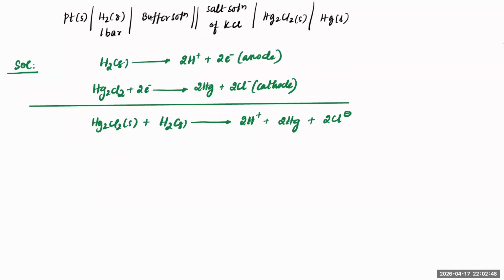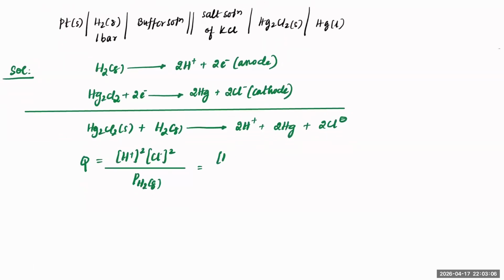Got it? Now the Q value for that will be equal to H plus ion concentration squared into Cl minus squared, divided by pressure of H2 gas. H plus ion concentration squared is what is unknown to us. Cl minus concentration, because it is a saturated solution, is standard, so the standard concentration is 1 molar.